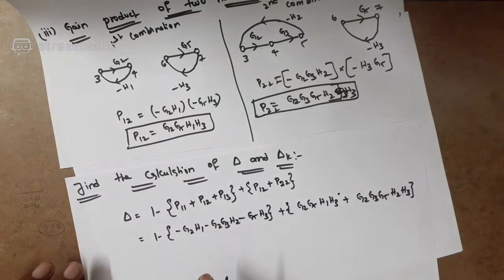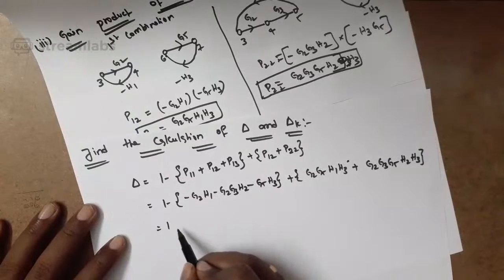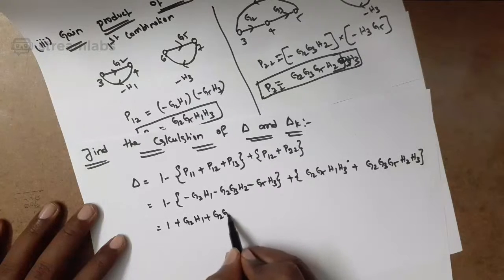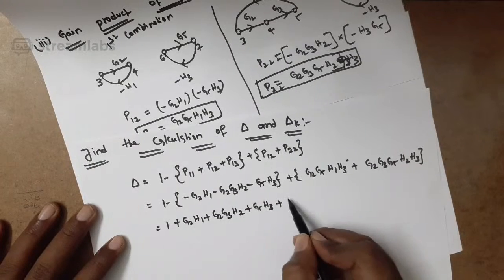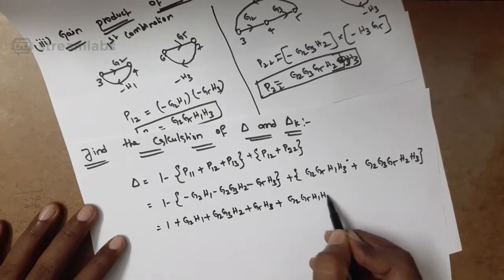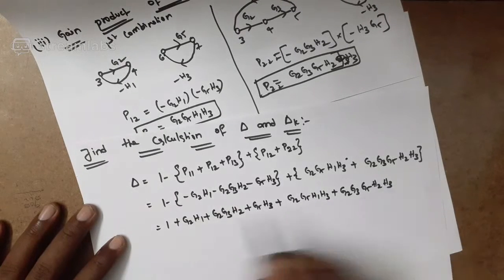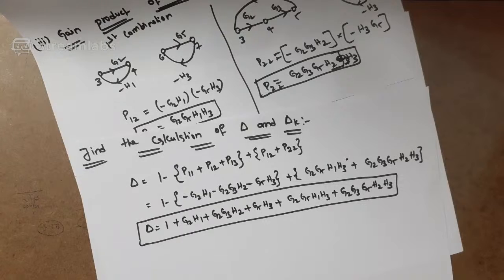Now multiply this minus, what happens? 1 minus into minus plus G2H1 plus G2G3H2 plus G5H3 plus G2G5H1H3 plus G2G3G5H2H3 is the value of delta. So this is the delta.